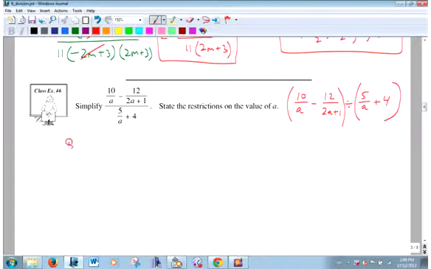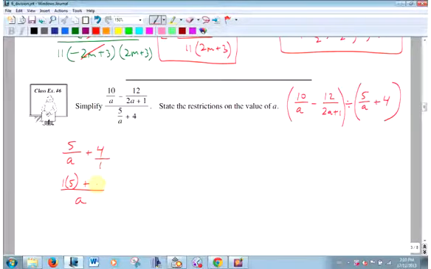So let's work over here. What's my common denominator? 1a. A goes into itself one time. I know I don't have to write the 1 there. 1 times 5, plus, what's the denominator here?